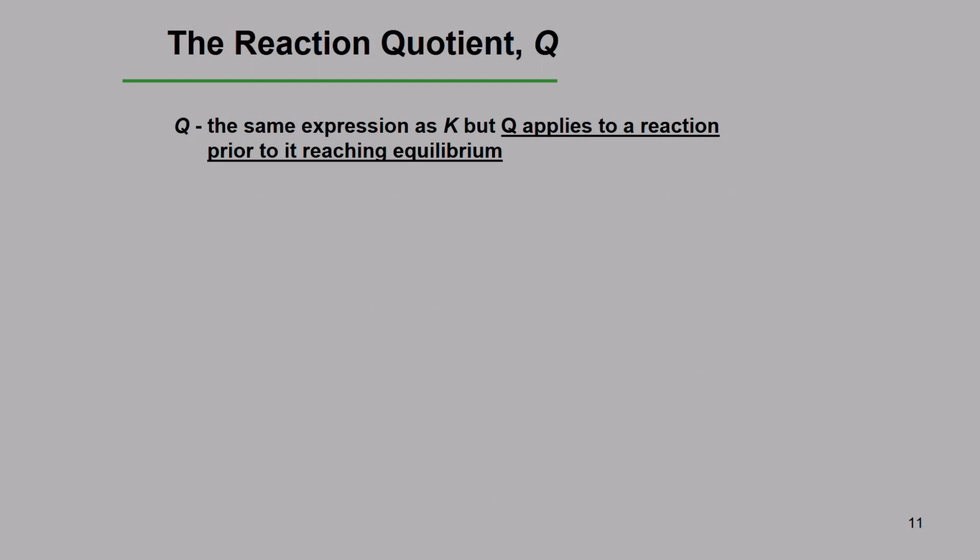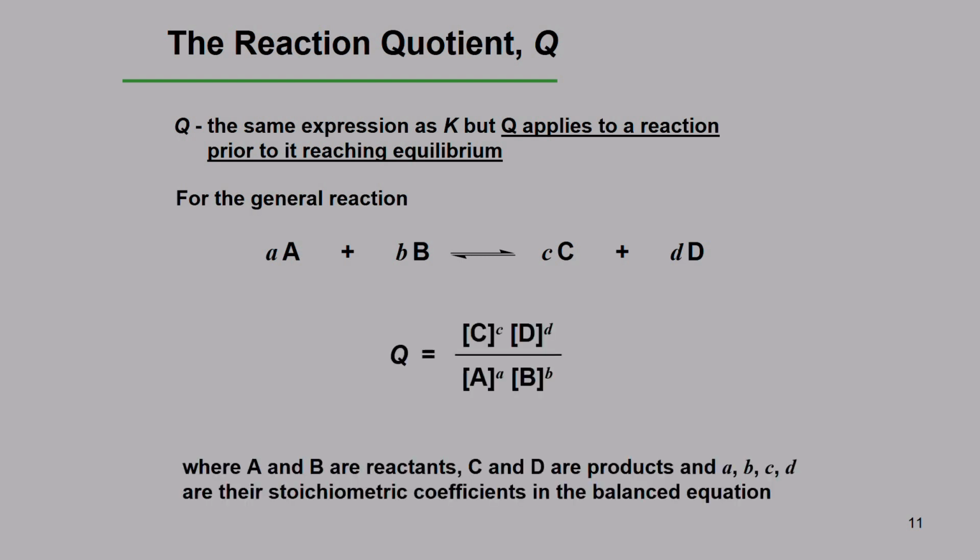So I've talked just briefly about Q, and Q is a reaction quotient, and this reaction quotient is expressed in exactly the same way as a K, but Q here applies to a reaction prior to it reaching equilibrium. For the general reaction of A moles of A reacting with B moles of B, which goes to C moles of C and D moles of D, we'd write it in exactly the same way.